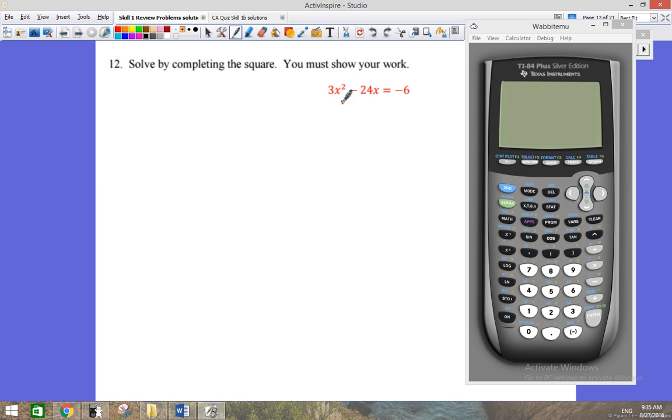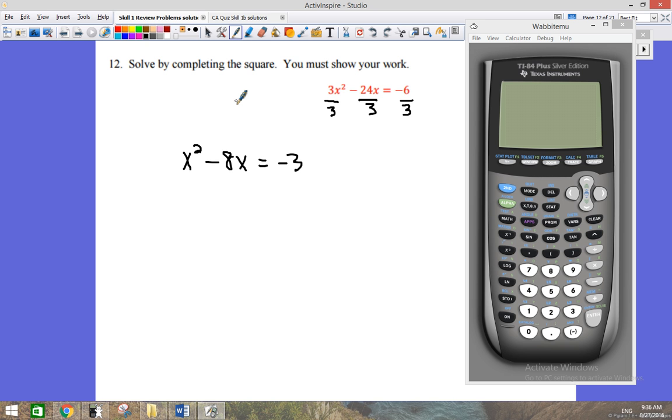We need a coefficient of 1. So the first thing we need to do for this problem is divide everything by 3, and the numbers work out kind of nice here. X squared minus 8x is equal to negative 3. I'm going to move that a little bit over here to give myself some room.